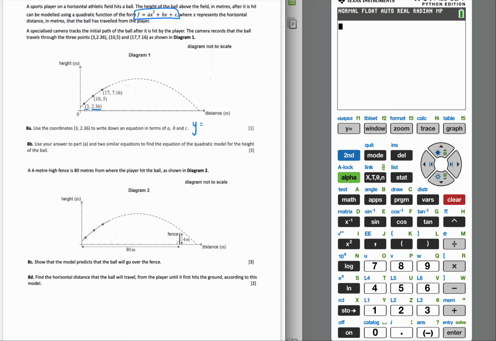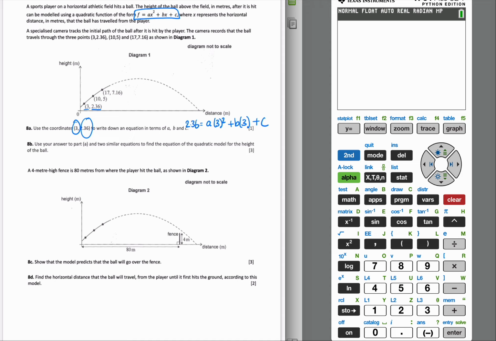I have a times x squared, which is 3 squared, so that's my x value, which is the x part of my coordinate, plus b times x plus c. And I know that the y value is equal to 2.36.